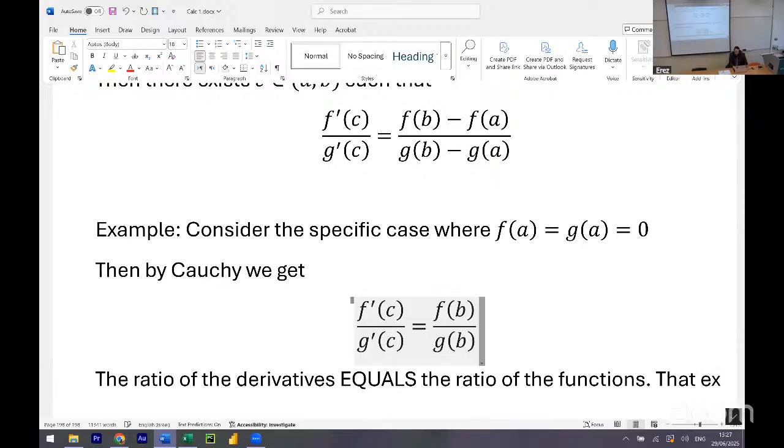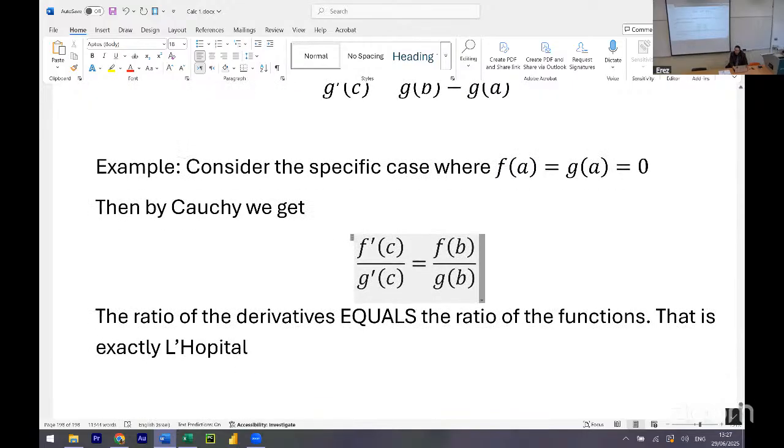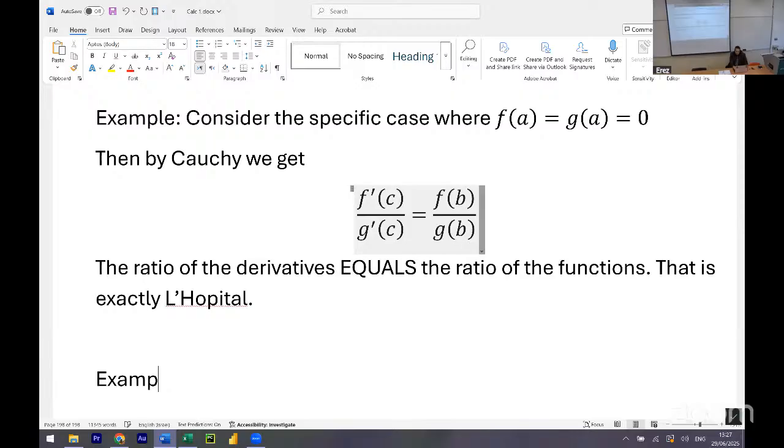That is exactly L'Hopital. Well, exactly is a bit much, but it's a certain case of L'Hopital rule. Actually, very, very important. It's not purposely, you saw the way it's built.